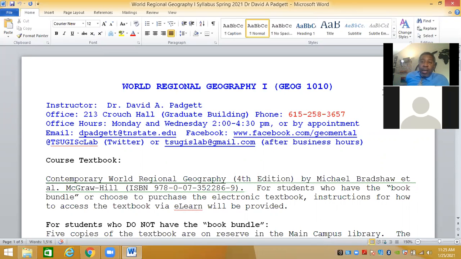It is very important, again, because we are in asynchronous format, that you make an effort to reach out to me with questions as often as possible. I do have a phone number in red that goes to this phone. This is not my private phone. This is your phone. So you can call this number or text me anytime that you need to.